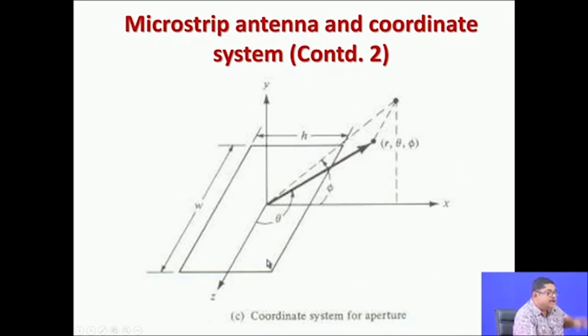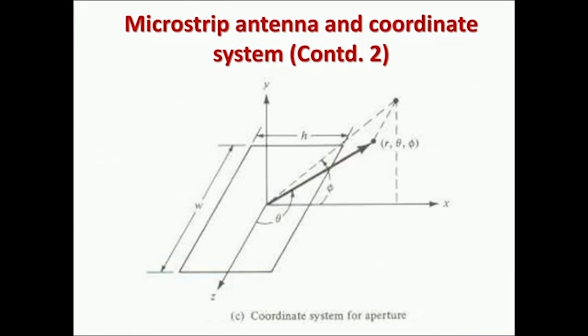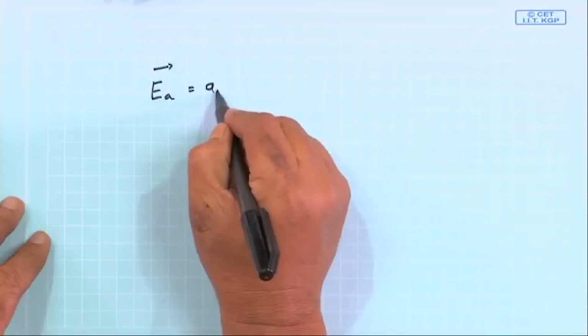Now, I will assume that since this h, which is the thickness, is very small, it is the same as the slot we considered. So, we can say that the field will be uniform, and we will now discuss the slot field. We will write E_A, that is x directed.